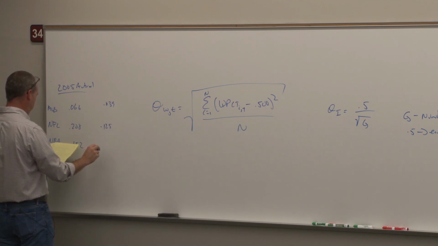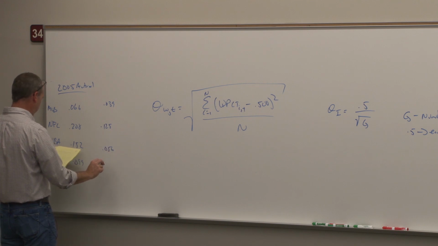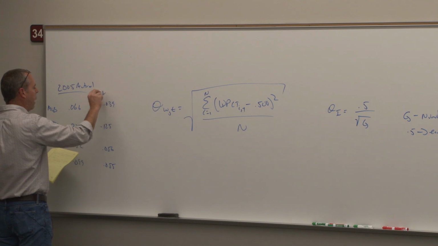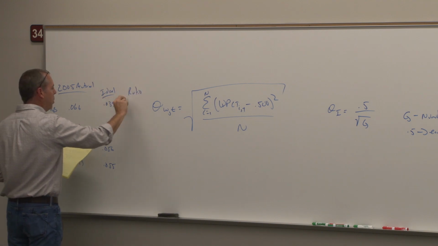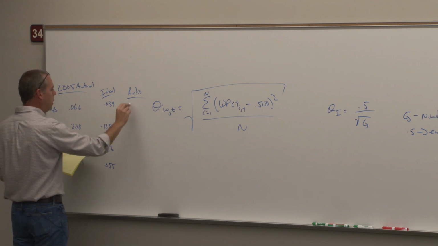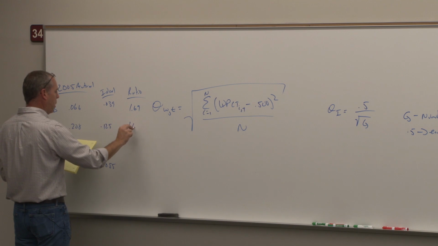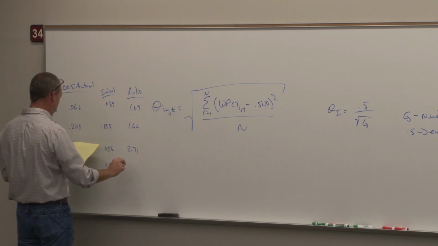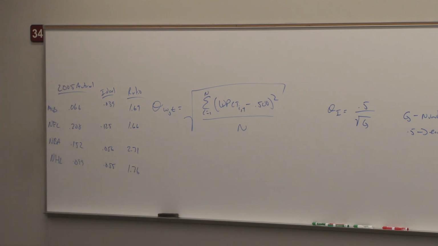It's our NBA's .056, NHL .055, right? So here's our ideal. So when we look at our ratio here: 1.69, 1.66, 2.71, 1.76.